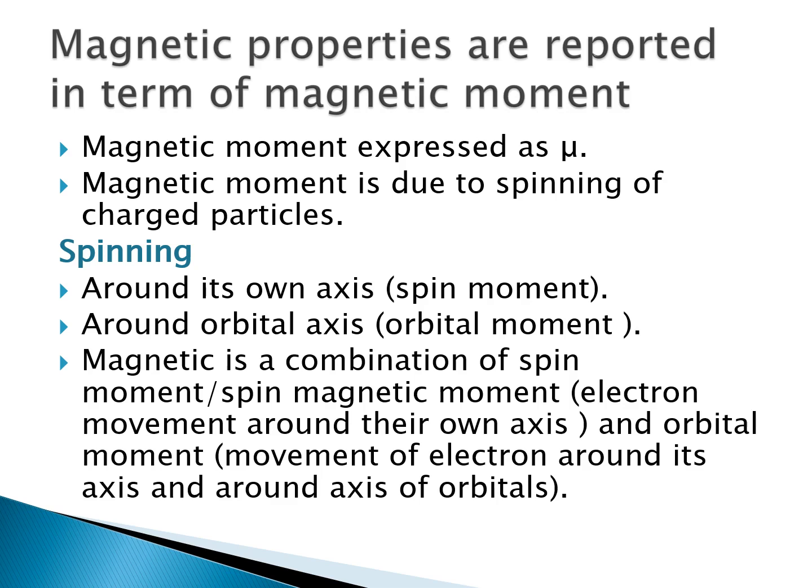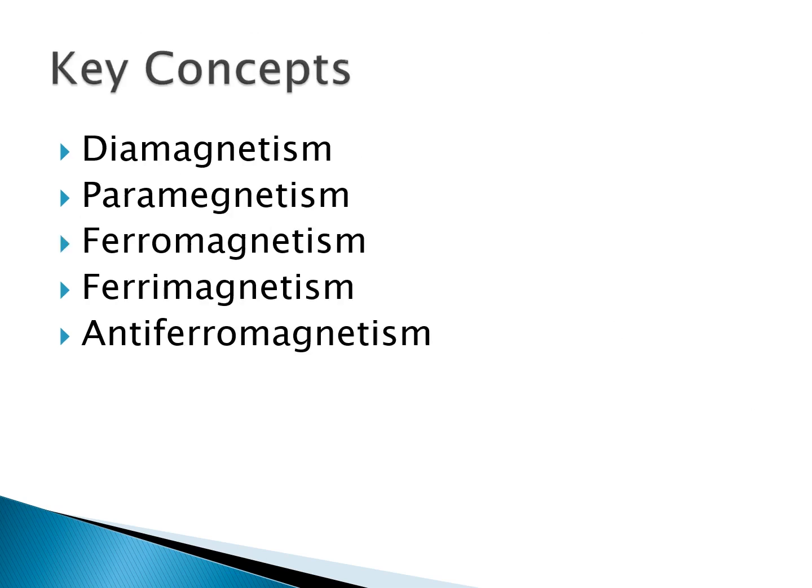Magnetic moment is a combination of spin magnetic moment, which is movement of electrons around their own axis, and orbital moment, which is movement of the electron around its axis and around the axis of the orbit.